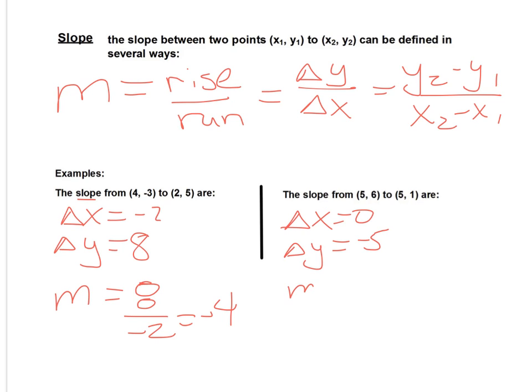So our slope would be negative 5 over 0. And if you recall, you cannot divide by 0. We call that an undefined slope. All right, so just as a side note, remember undefined slope means it's a vertical line at x equals 5. We'll talk more about it in the next slide.